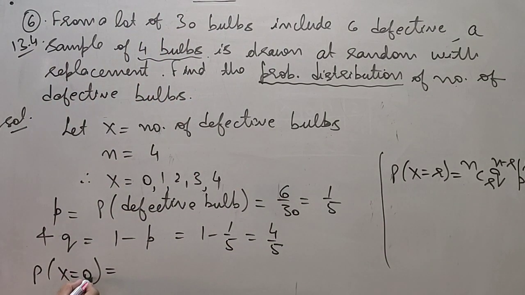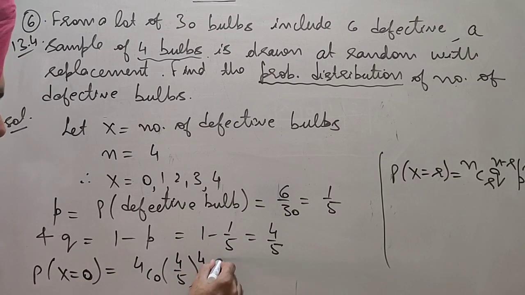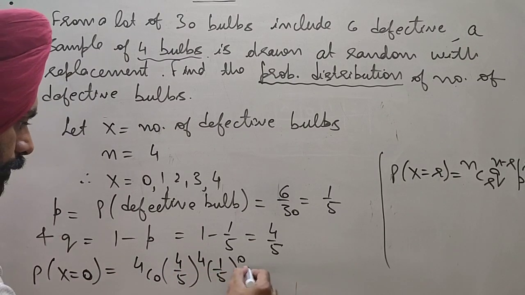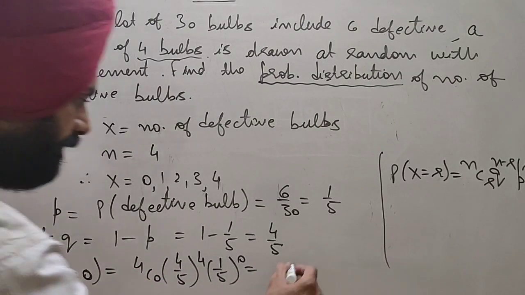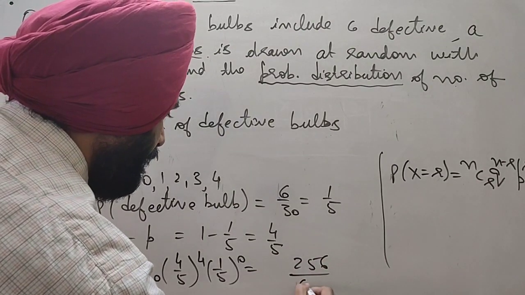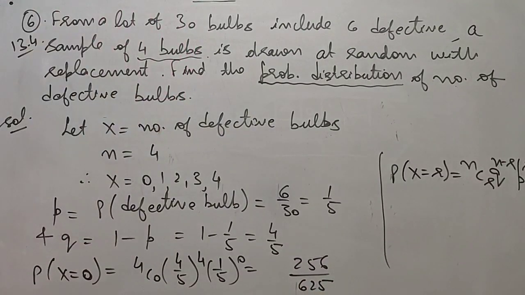So now our value of r is 0, n is 4, nC0 is 1, and the value of q is 4 by 5, so 4 by 5 raised to power 4 minus 0, which is 4, into 1 by 5 raised to power 0. So this is 4 by 5 raised to power 4, and the rest is 1. 4 to the power 4 is 256, divided by 625. So this is the probability of no defective bulb.